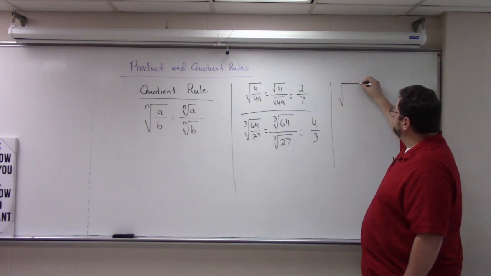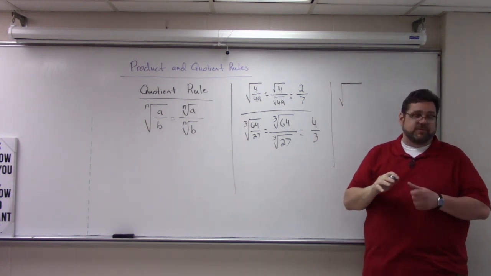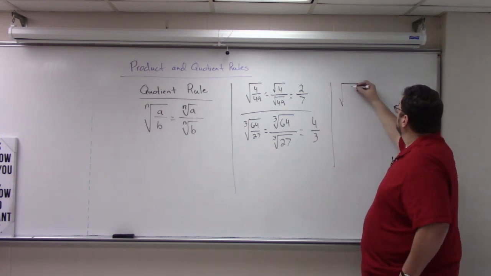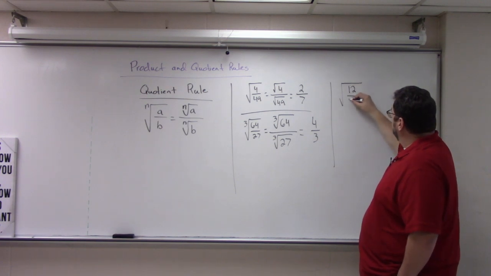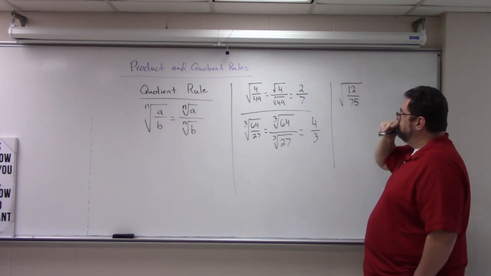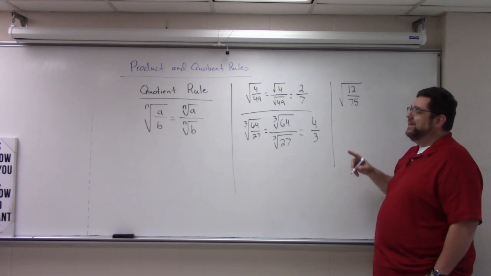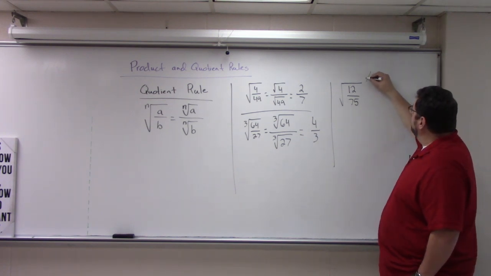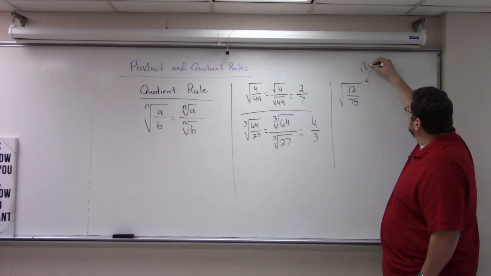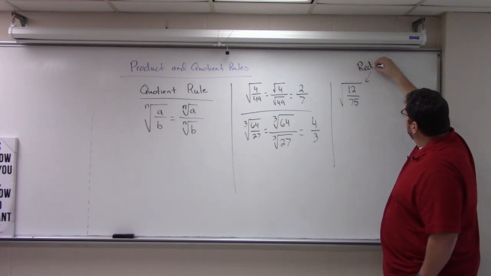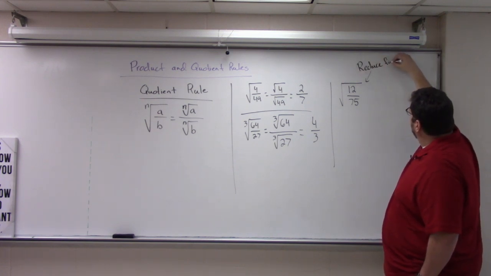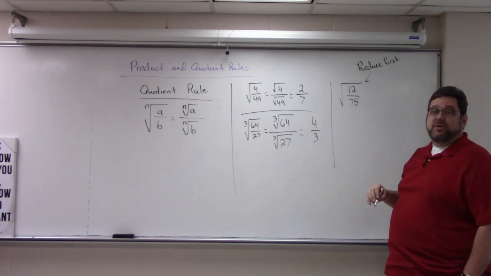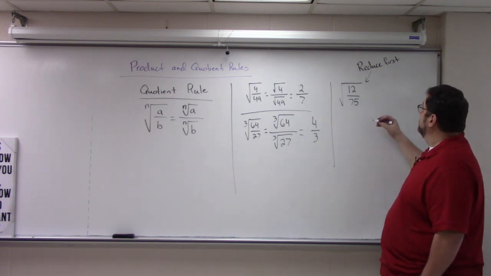What if we were to give you this one? Now, this one's a little tricky. We got to do something first. The square root of 12 over 75. All right. Neither of those is a perfect square. But in this case, it's going to help me if I reduce the fraction first.